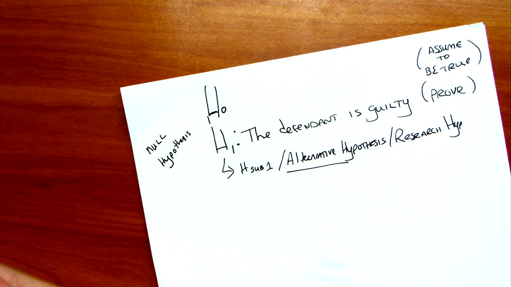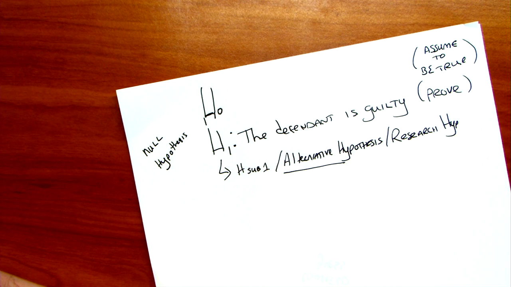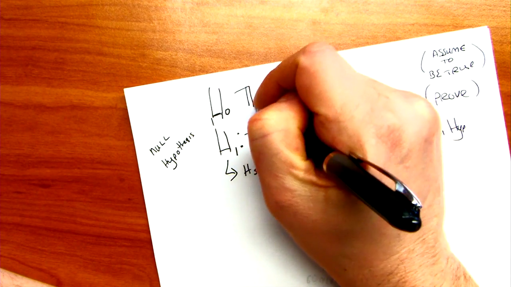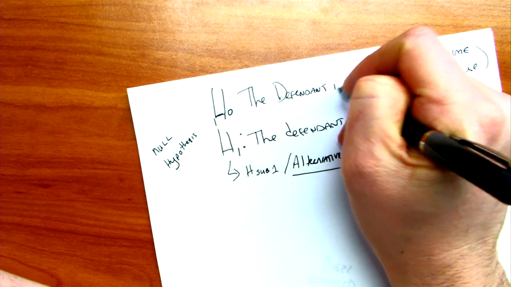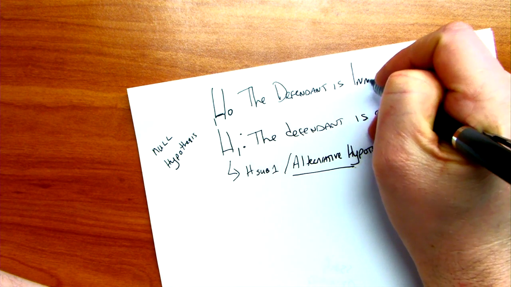And what do we assume to be true at the start of a criminal trial? In the American judicial system. Yes, sir. Very good. We assume that the defendant is innocent.